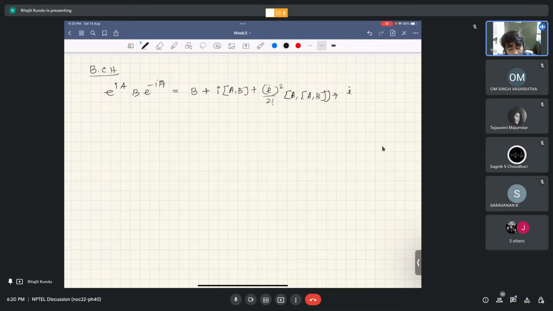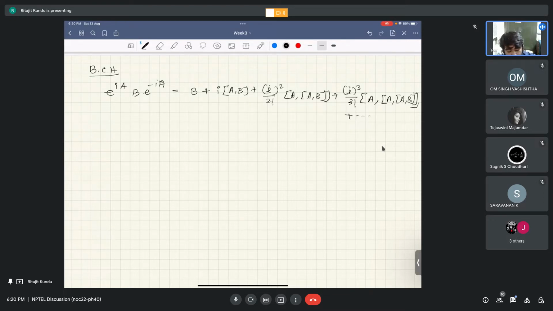If you go on, you see the pattern, the same repeating commutator structures. It is actually an infinite series, but it is very useful for proving theorems and formulas in a general setting. You don't have to assume a lot.